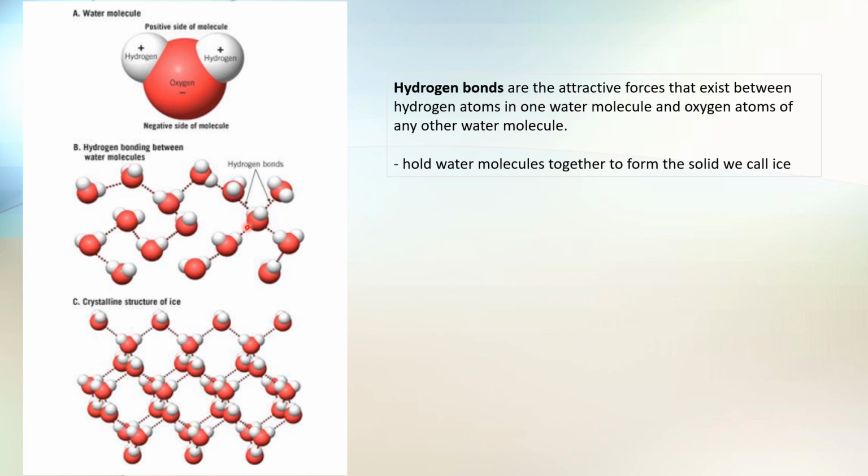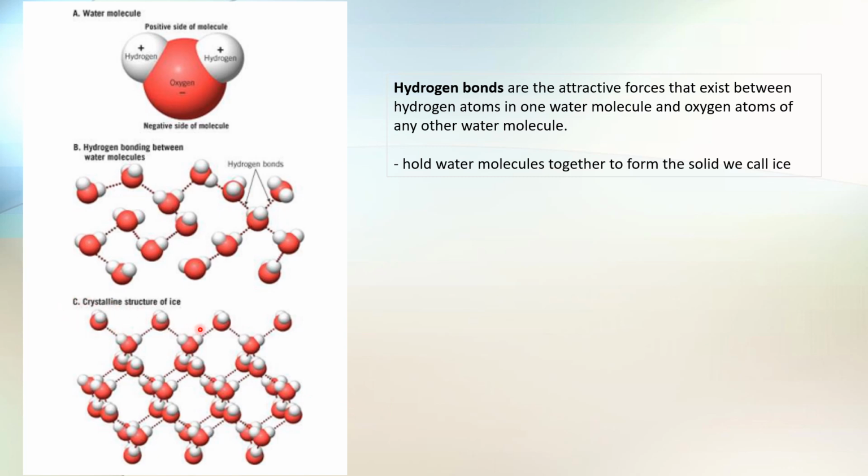It loosely bonds a hydrogen atom to an oxygen atom of another water molecule. So another oxygen atom is bonded to a hydrogen atom in another water molecule. And below that, you can see the crystalline structure of ice.